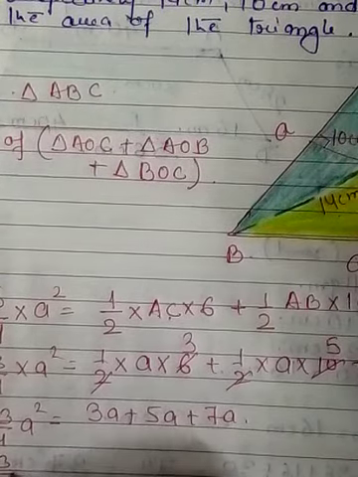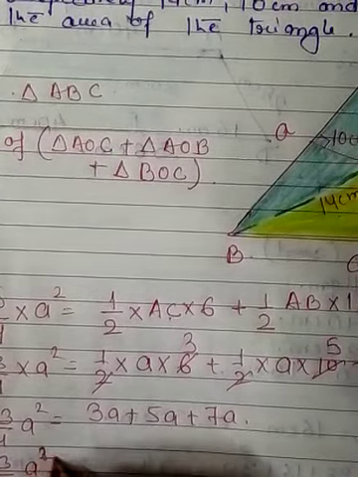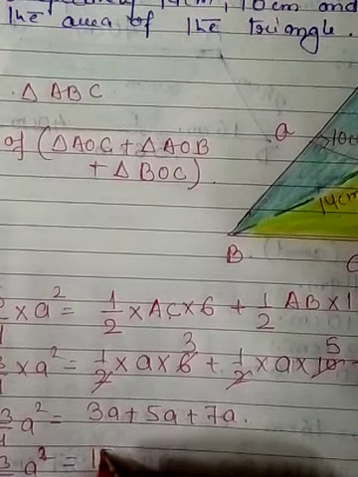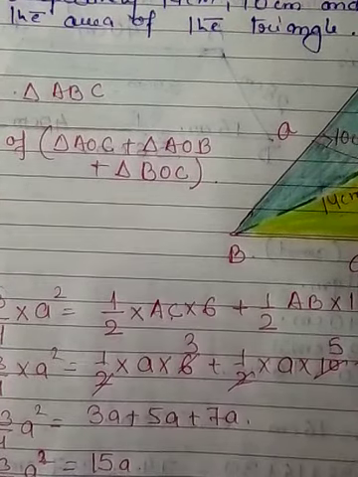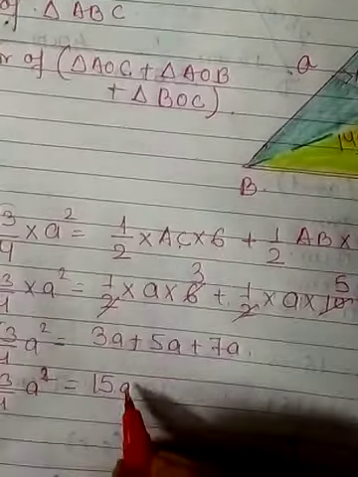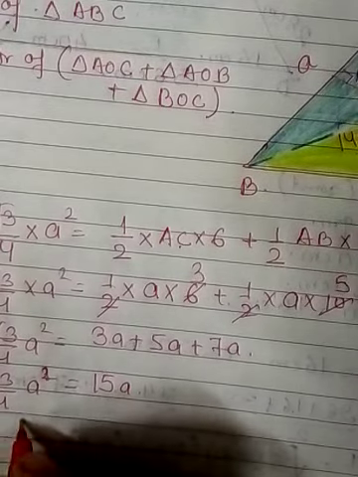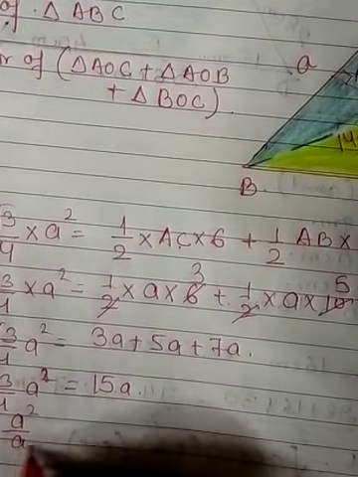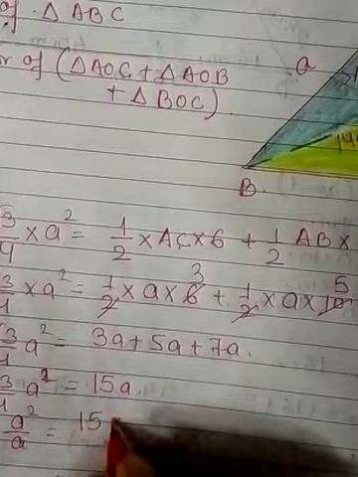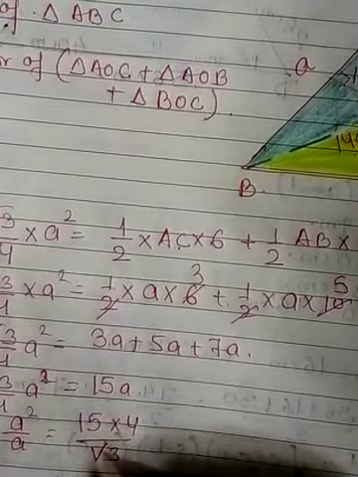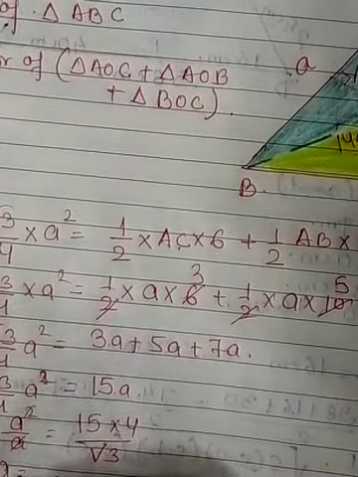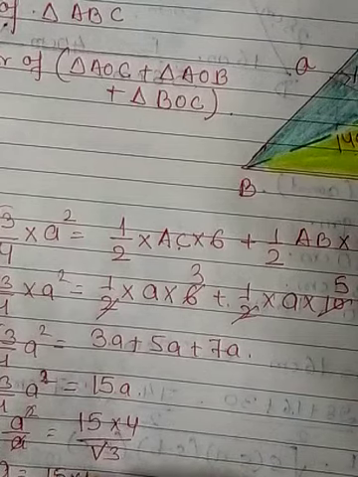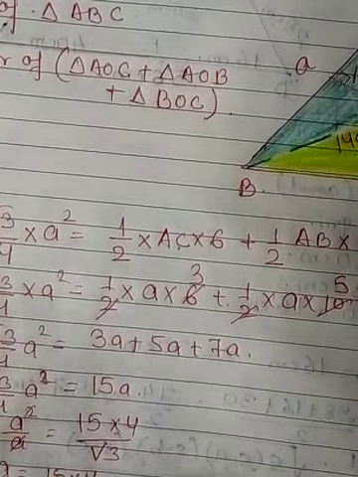So root 3 by 4 a square is equals to 15a. Now I am going to leave 15 here and transpose a to this side. So we'll get a square by a is equals to 15 into 4 by root 3. This is a is equals to 15 into 4 by root 3.